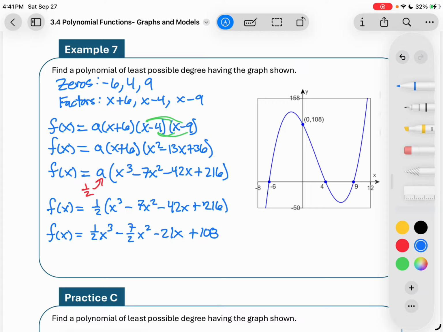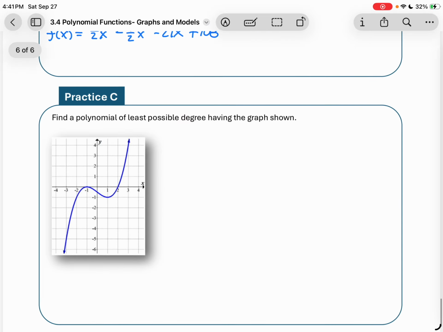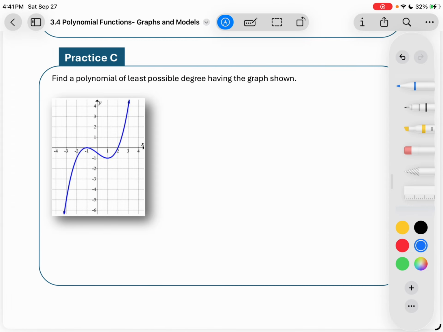Okay, let's try practice C. Similar idea. Let's go ahead and identify our zeros. So we've got zeros at -1 and 2. However, notice something. This usually catches some people. Do you notice something about the x-intercept at -1?